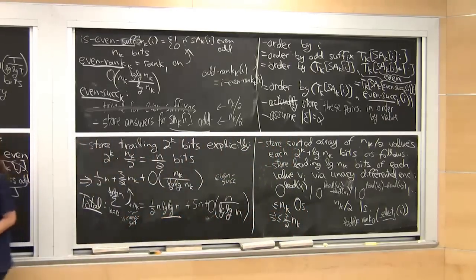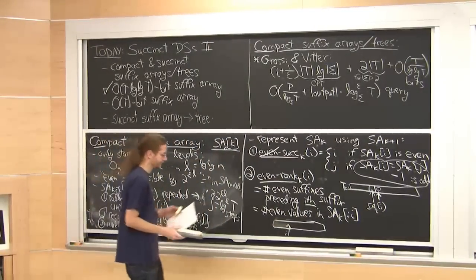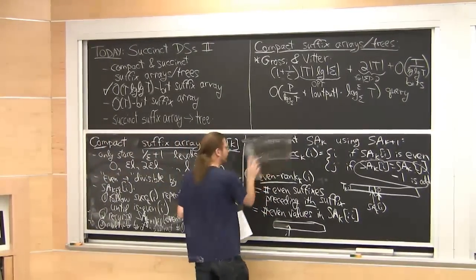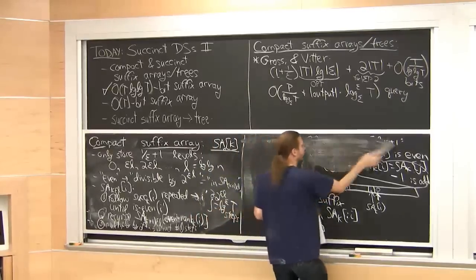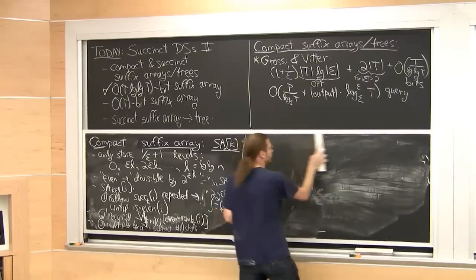I mean, it's just a renaming of everything. It's still going to be linear number of bits, I claim. I don't want to go through a formal proof of that. We don't have time. But all the same tricks work.